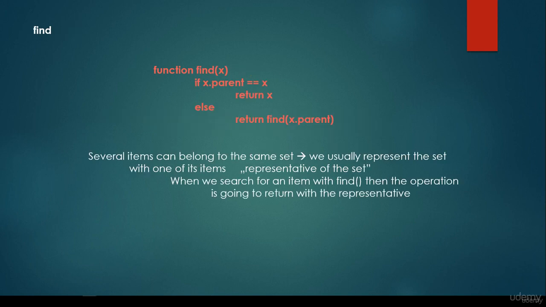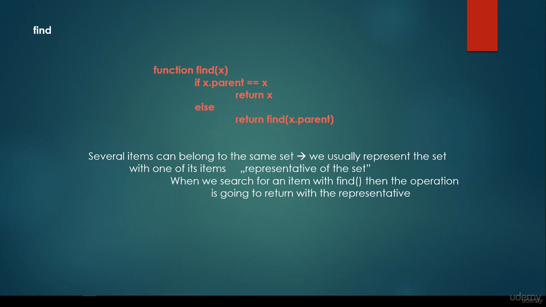What about the find? The find is going to get an item, an X, and if the parent is equal to itself, so the X parent is equal to X, then we return the X, and else we return the find of X parent. So we are going to call this find method recursively on the parent. And several items can belong to the same set. It's very important.